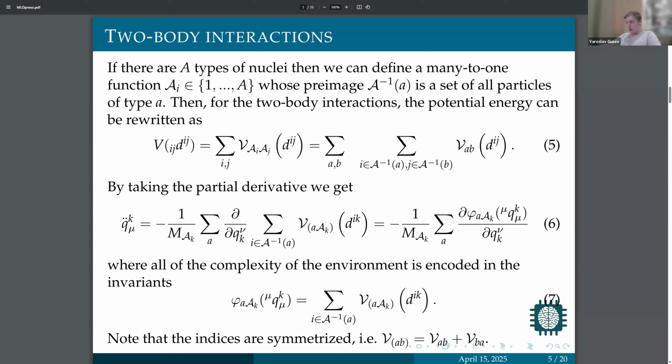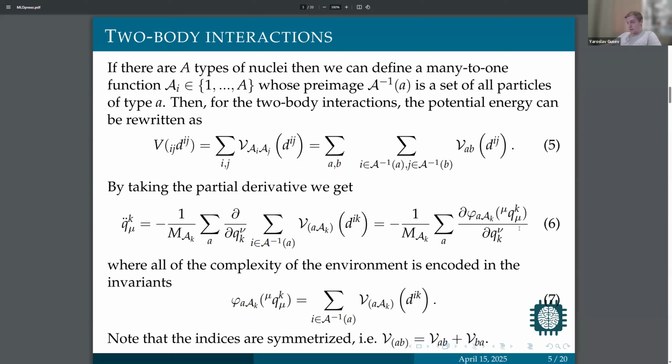So here phi is kind of a field that is a useful quantity to define because it tells a particle k how it interacts with other particles through this field.